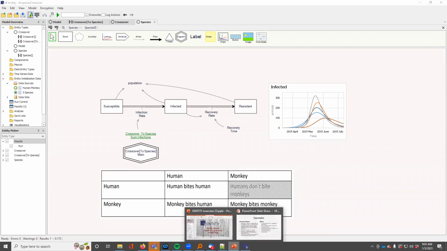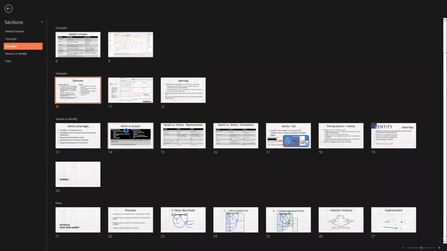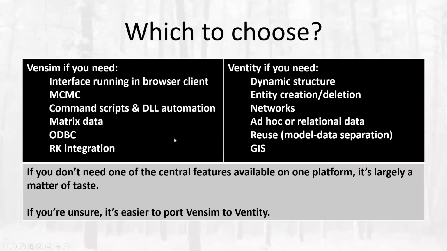I think the key is what's the right tool for the job. So this has been a big learning process for us, and we're actually using both Vensim and Ventity sometimes simultaneously in actual client projects.